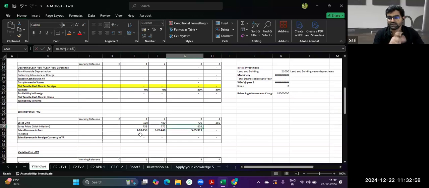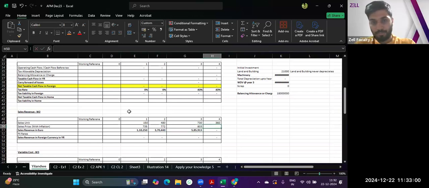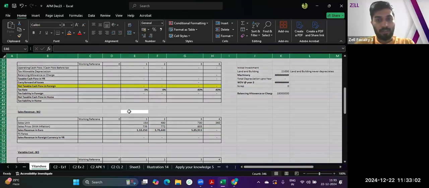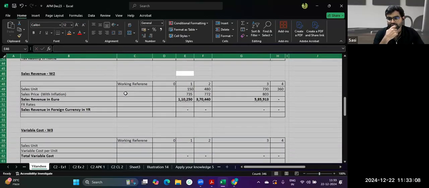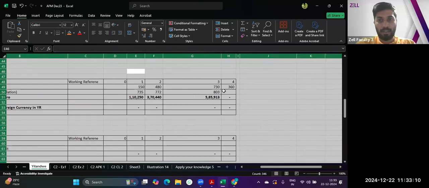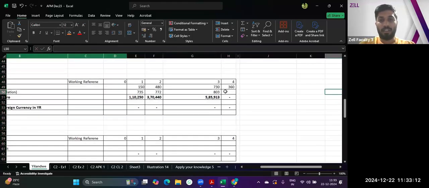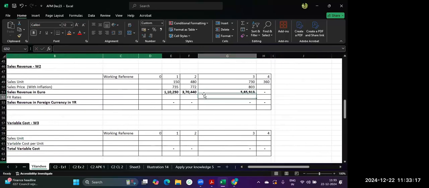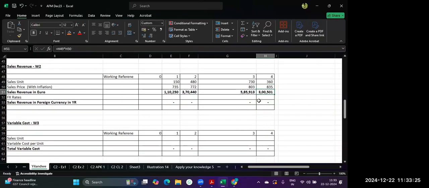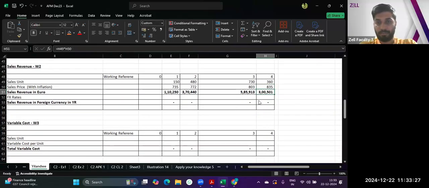Can you please zoom in? Let me just increase the font size. Better? Yes, sir. Then what is it in the fourth year? 4%. Done? Yes, sir.